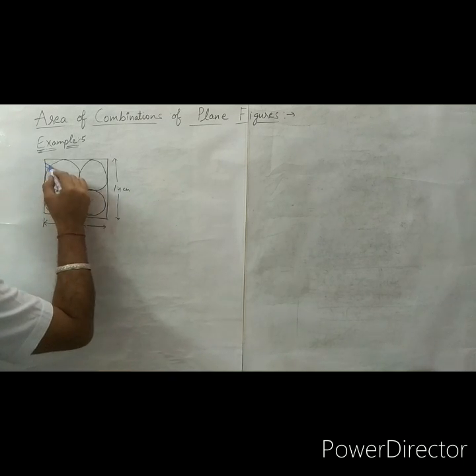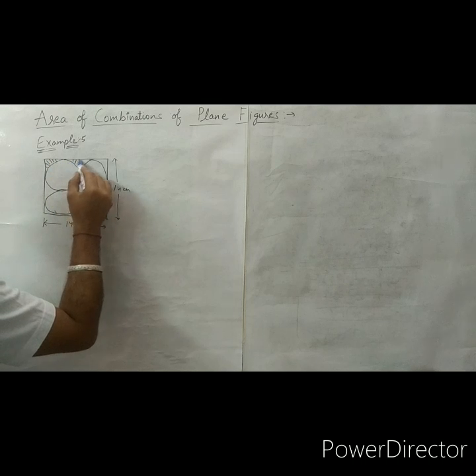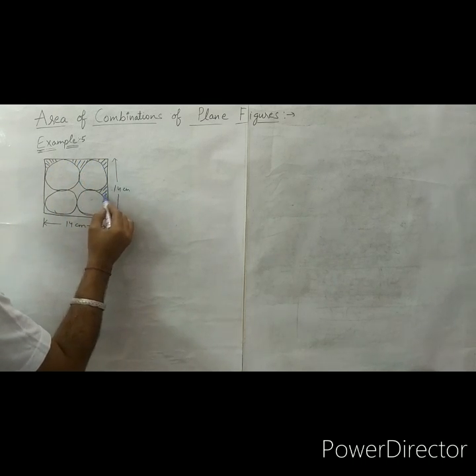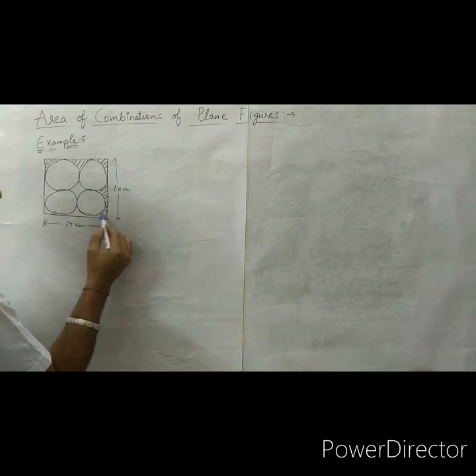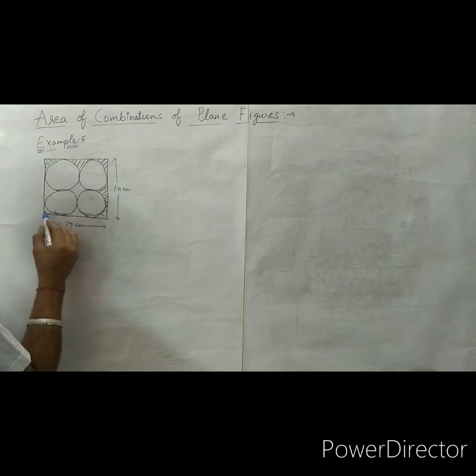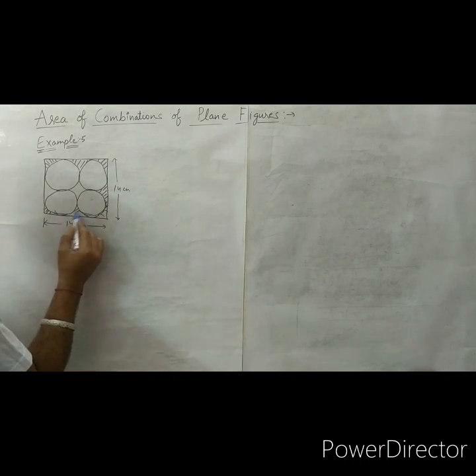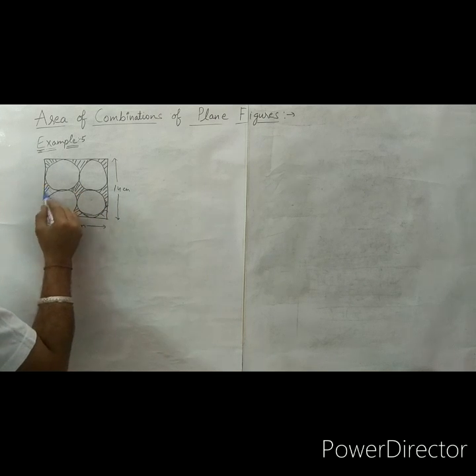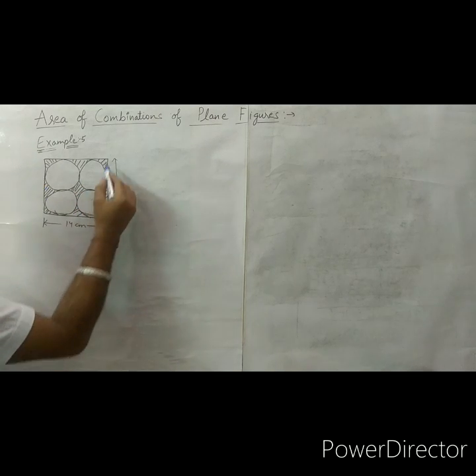We need to find this shaded area. All 4 circles are congruent, and they are touching each other and also touching the sides of the square. You can check the diagram in the book also.